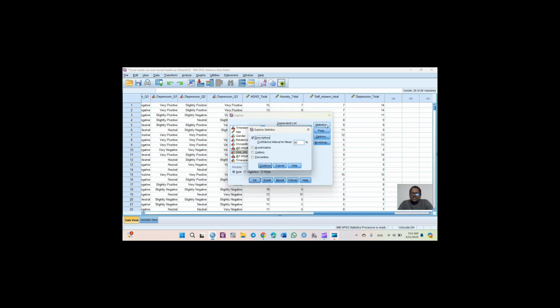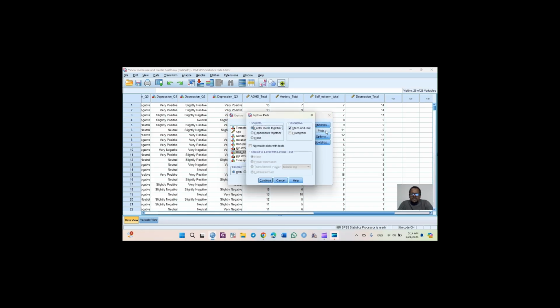Let's click on Statistics. In the Statistics, it will provide me descriptive statistics with a 95% confidence interval of the mean. There are also others, but let's check outliers too. But usually descriptives might be enough from here.